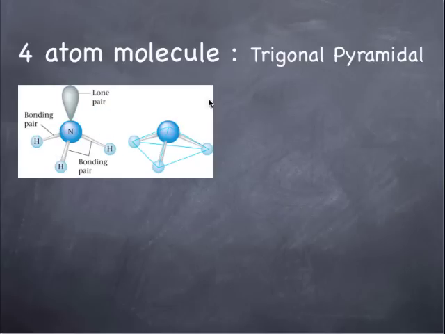Next, we will consider a 4-atom molecule. This one's trigonal pyramidal. Where this starts to get difficult is you're going to have to start taking the pictures we draw on paper and imagining what they look like in 3 dimensions.